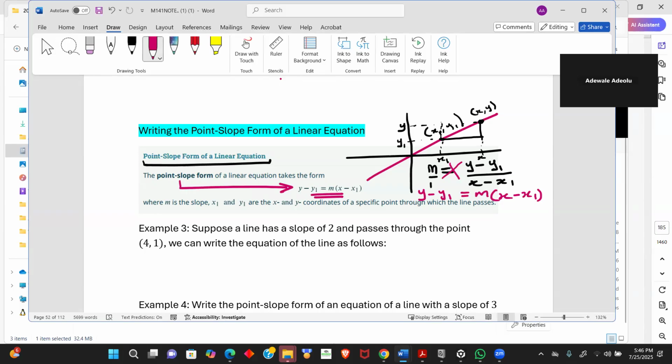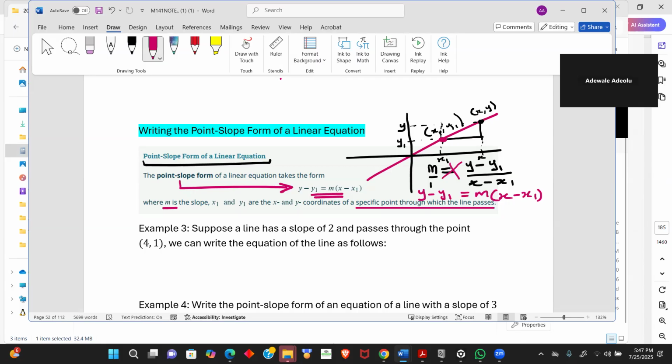And m, again, is the slope. x1, y1 are the x and y coordinates of a specific point through which the line passes. So you can see the line passes through that point. Okay, now moving on.